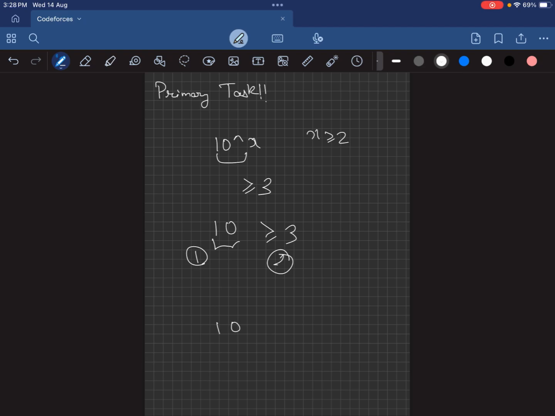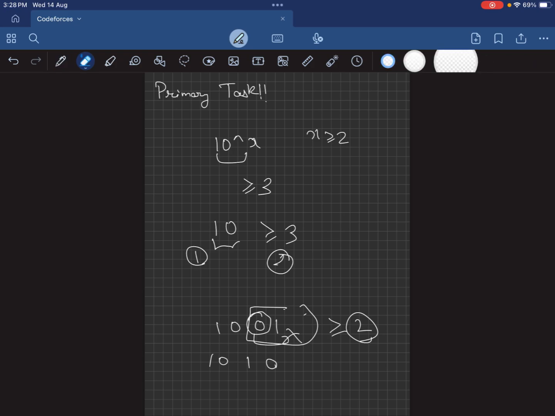If our string is something like 1001, this isn't a valid string. It should be something like 1010. So the third digit should not be 0, and whatever number comes after the third digit should be greater than or equal to 2. We have to check these few conditions and print yes, else print no.